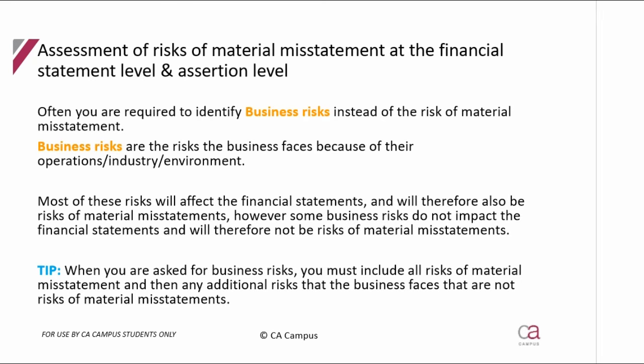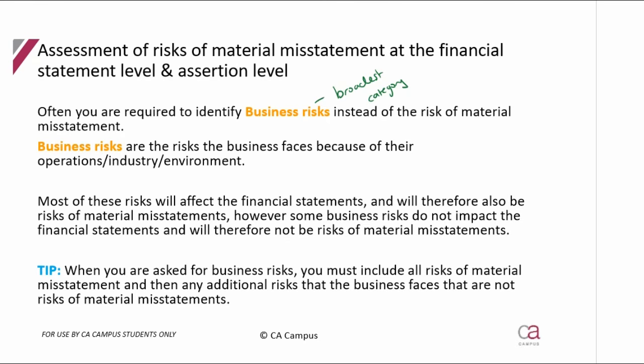So they wouldn't be classified as significant risks or risks of material misstatement. They are risks that will affect their business because of the type of business they are and the industry they're in, but they may not impact the financial statements. So business risks include all the risks that a business can face. It is the broadest category of risks.